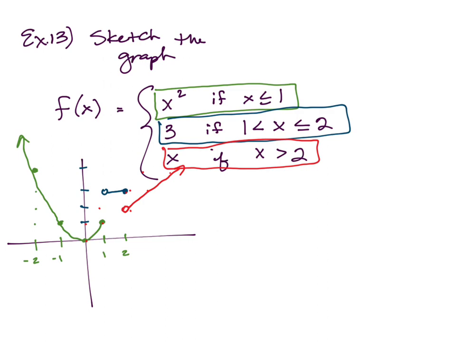Except at 2, one is open. The bottom one is open, which means the value doesn't exist here. So in fact, there's only one value at 2. Because this one is closed and this one is open, only one of them counts for being the value at x equals 2. So it actually is a function. It does pass the vertical line test. But if this was a closed circle on the red at 2, it wouldn't be a function because you would have 2 outputs for that one input.